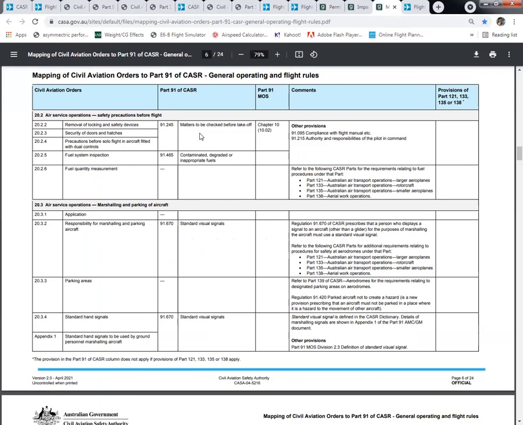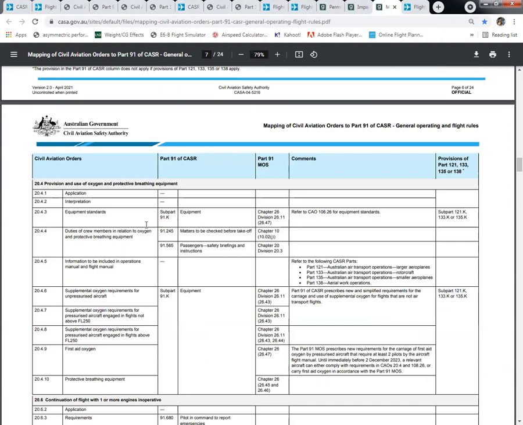And so these mapping documents are quite helpful in being able to chase down where some of those rules have moved to and where their new home is, like oxygen as well. That's moved over to the oxygen section of MOS 91 and 91 CASR as well.